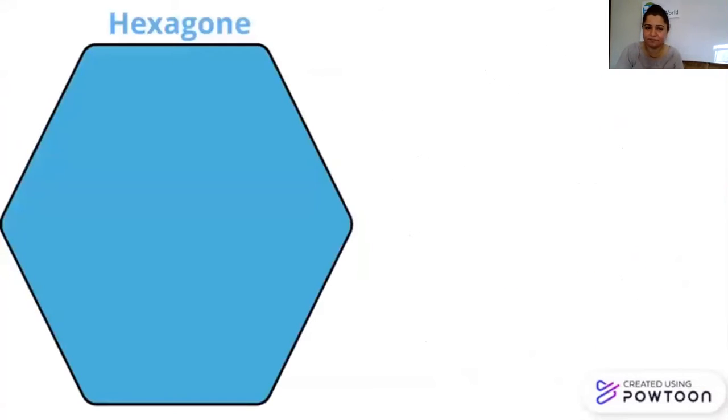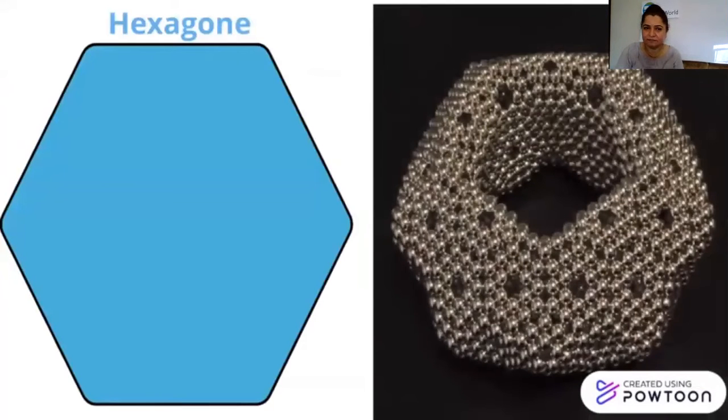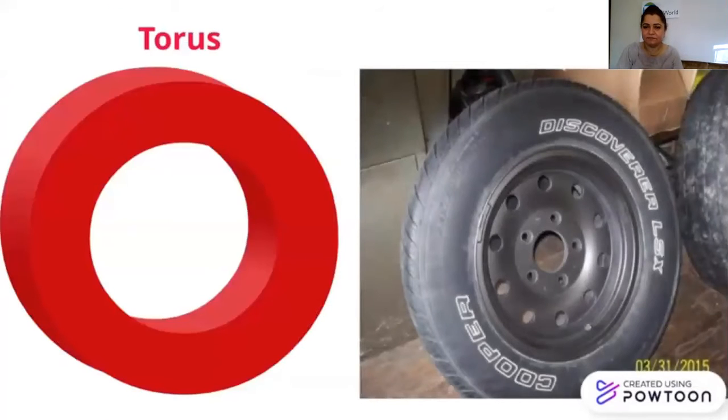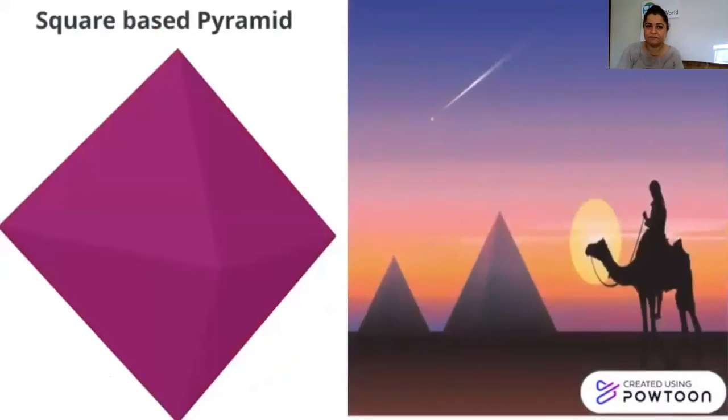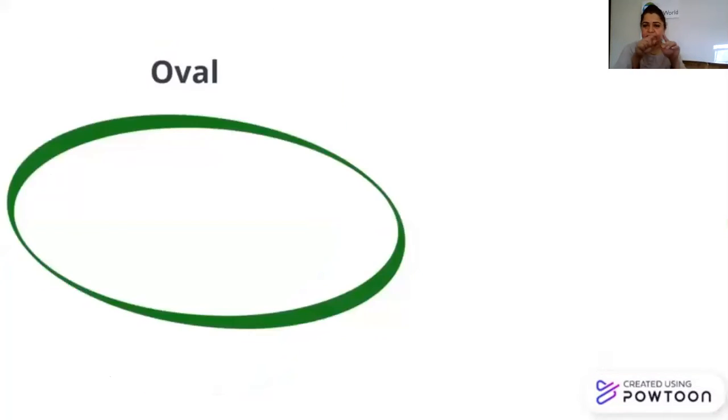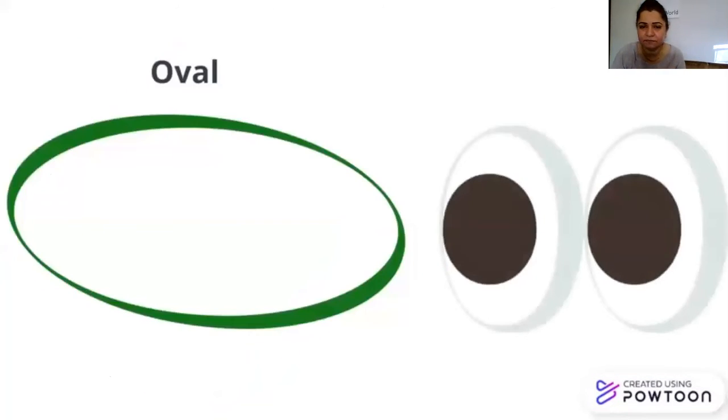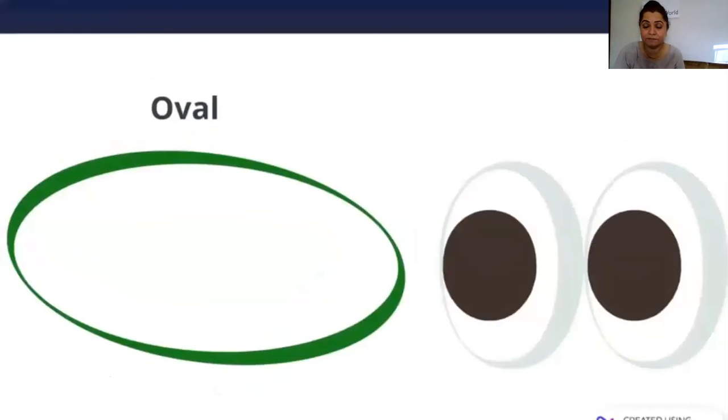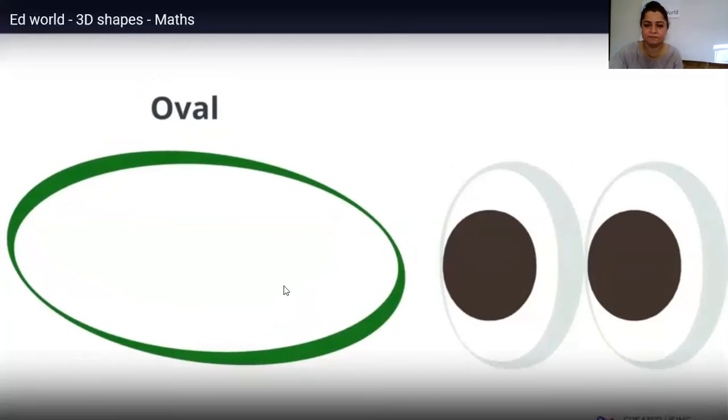Sphere, hexagon, torus, square-based pyramid. The base is square, oval. Yeah, those are 3D shapes.